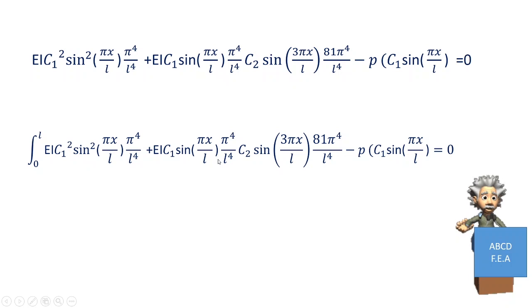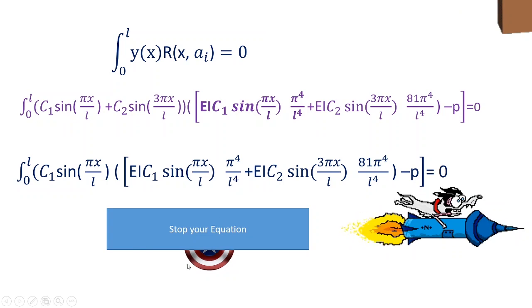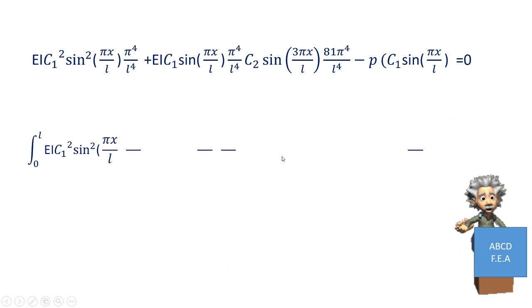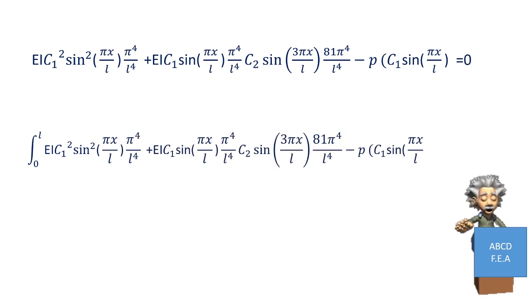Now I will try to integrate. Again I am repeating, I multiplied this with this and I need to integrate. After multiplication I am getting all this, so I will integrate all these terms individually to avoid the complexity.